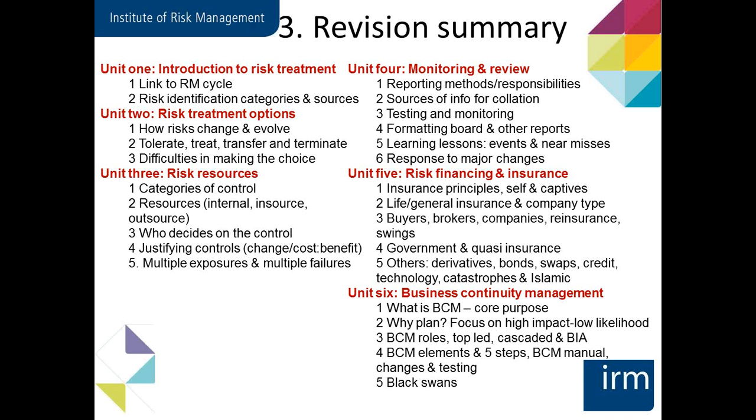What you need to be able to do, for example in Unit 1, the key things there are the link to the risk management cycle, risk identification, categories and sources. And hopefully you can focus your revision by just those words, which will enable you to then remember the other things that you've written in the higher level summary notes of each of the units.